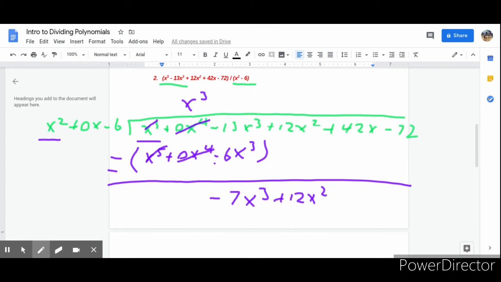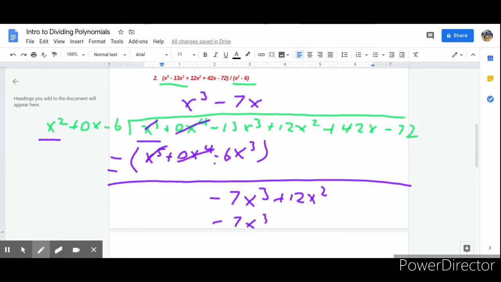Well, negative 7x times x squared will give you negative 7x cubed. So then we just multiply everything by negative 7x. So negative 7x times x squared equals negative 7x cubed.